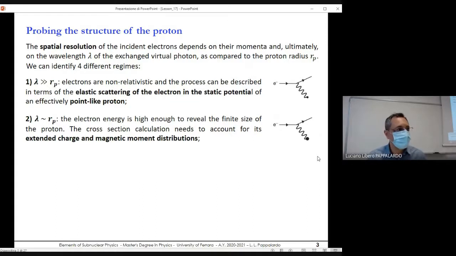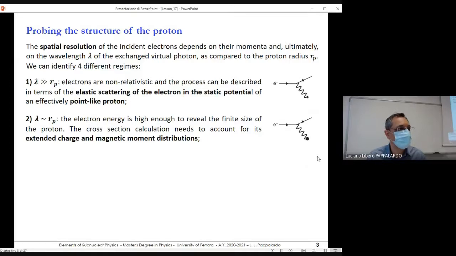Then one can increase the energy of the electron beam, and so one can essentially decrease the wavelength of the exchanged photon. And when this is comparable with the radius of the proton, one of course can start to gain some more information in the process. In this case, the energy of the electron is high enough to reveal the finite size of the proton.